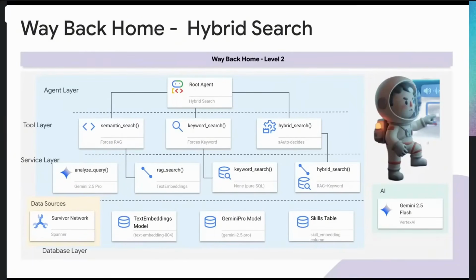At the bottom, we're creating this text embedding model and Gemini Pro model in Spanner. At the service layer, we are using this embedding model in RAG, in keyword search, and in hybrid search. Then we have the tooling layer that connects our services so that the tooling has complete logic.